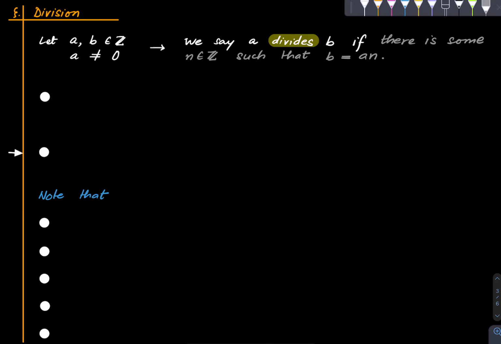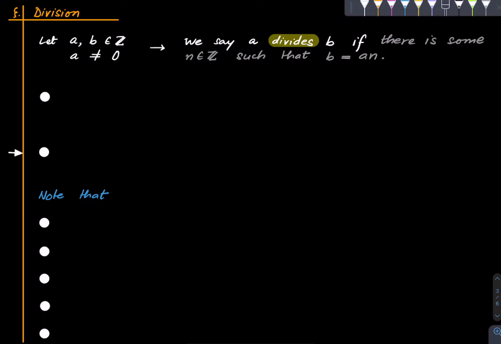So whenever we say a divides b, we automatically have that a is non-zero, and we define this as saying that there is some integer which when multiplied with a yields b. So that's the definition of division. I'm sure you're familiar with it from high school.